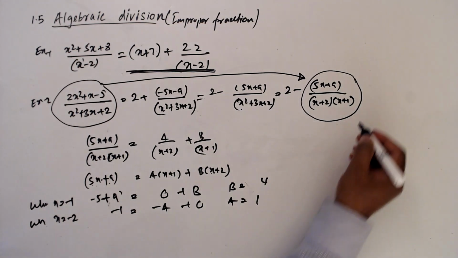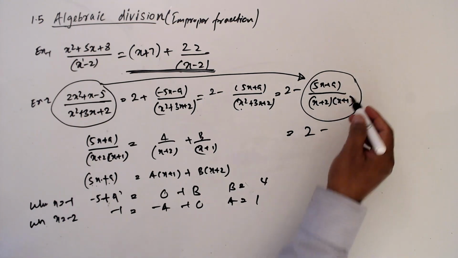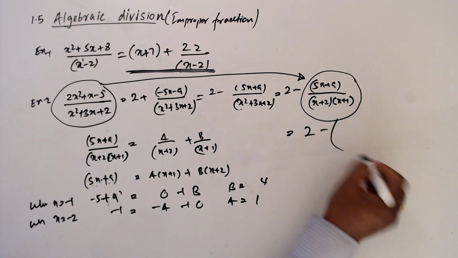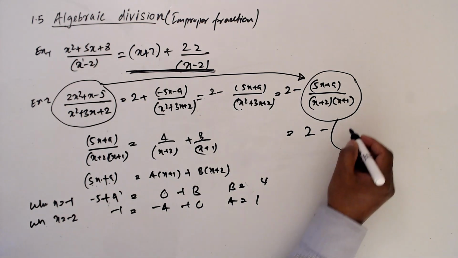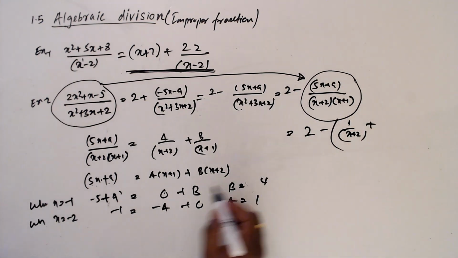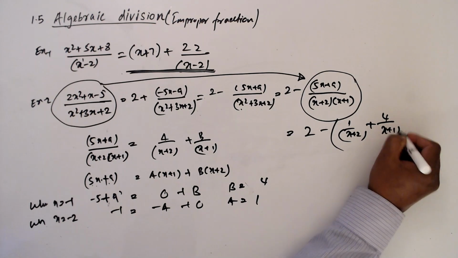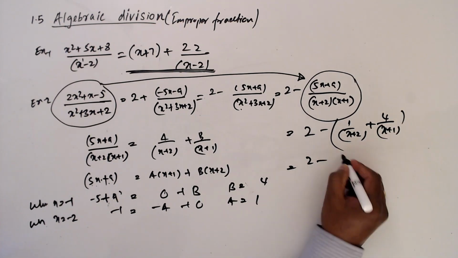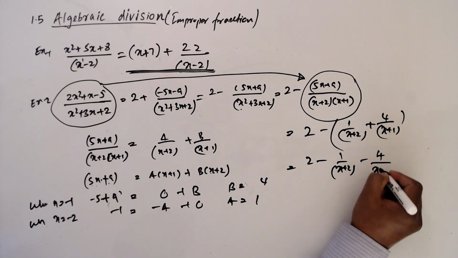Now we can write, now fully factorize: a is 1 over x plus 2 plus b is 4 over x plus 1. Now 1 over x plus 2 plus 4 over x plus 1.